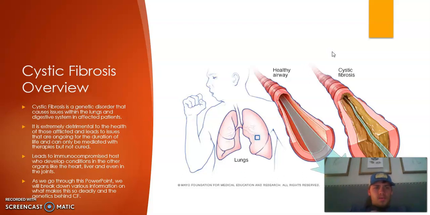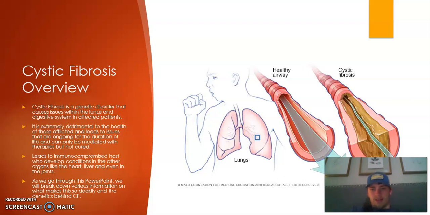So, cystic fibrosis overview. Cystic fibrosis is a genetic disorder that causes issues within the lungs and digestive system in affected patients. It is extremely detrimental to the health of those afflicted and leads to issues that are ongoing for the duration of life and can only be mediated with therapies but not cured.